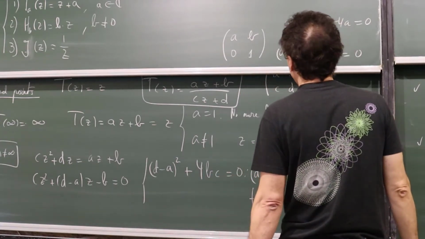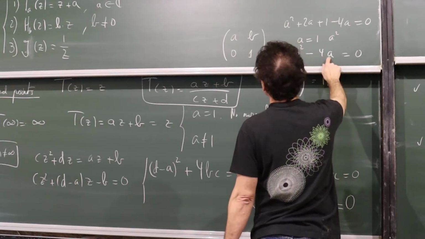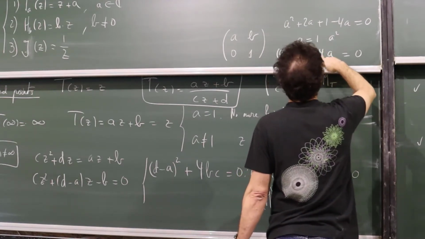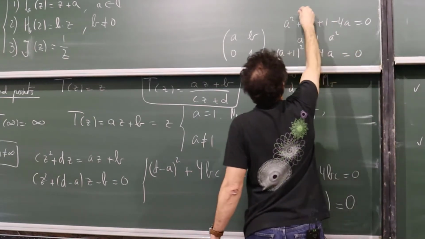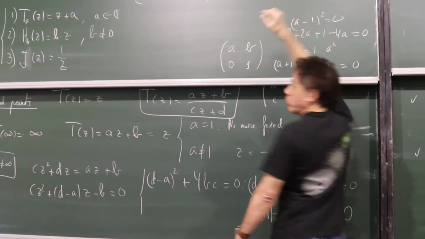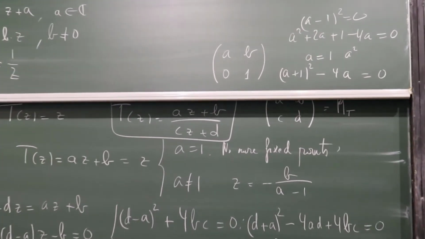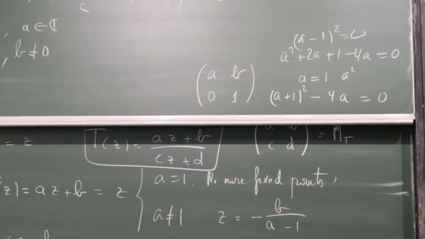Okay, this is correct. A square plus 2A plus 1 minus 4A. So this is A minus 1 squared equal to 0. Okay, it was correct. I thought that I had made a mistake. A minus 1 squared equal to 0, so A equal to 1.